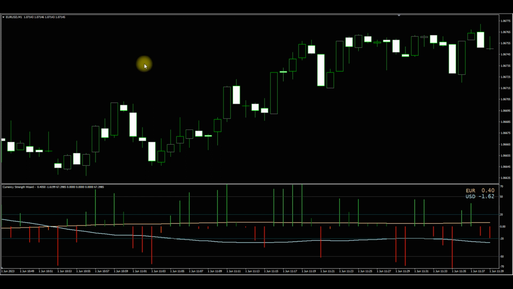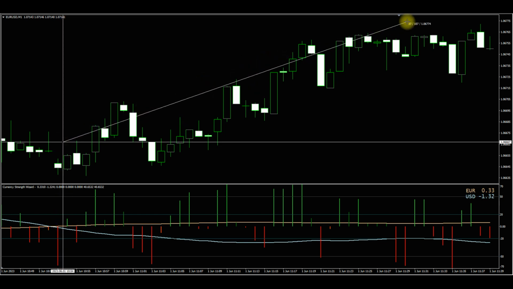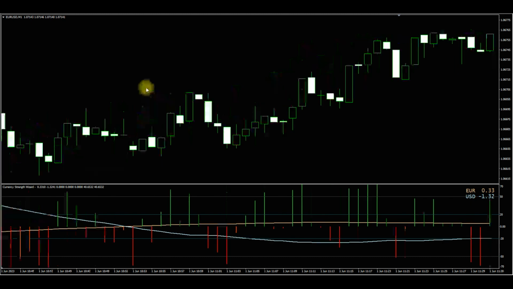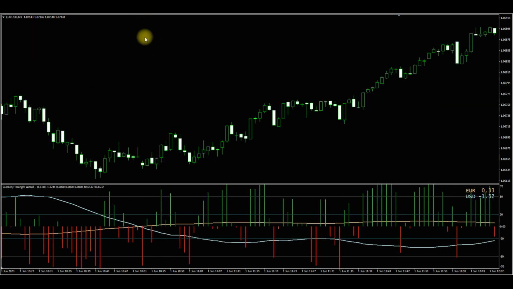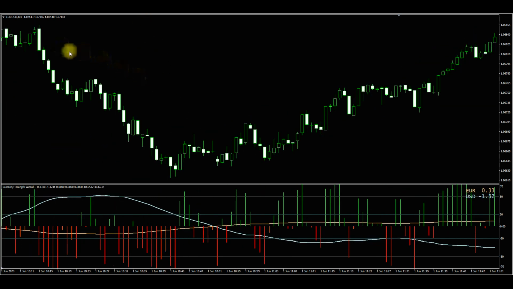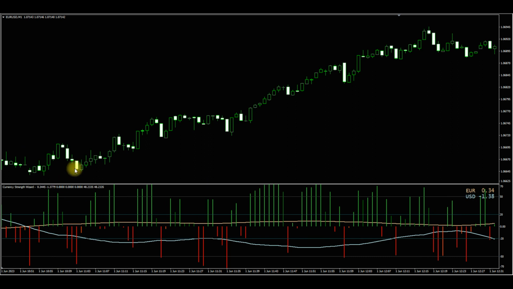As you can see here, we have a new start of a new trend, a buy trend in our situation. Previously, it was a sell move, which at this point changed to the opposite direction.